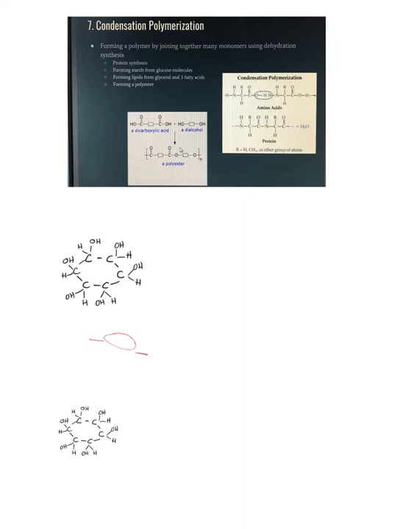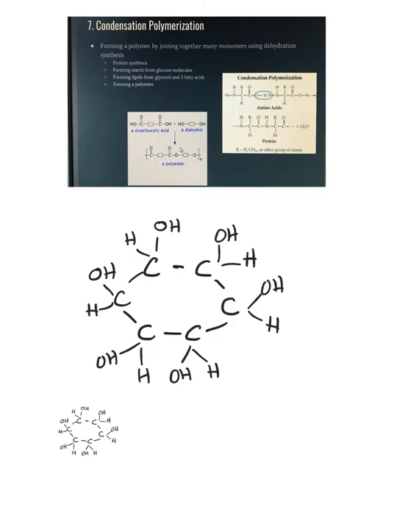So I'm going to pause for a second. I'm going to draw a glucose molecule. Okay, I drew a glucose molecule. Let me make it bigger so that you can see it. It looks pretty complicated, right?